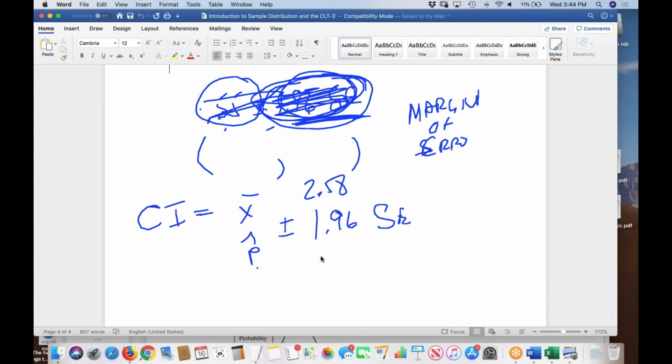And if we want to make it a 90% confidence interval, we use 1.64. And you can see that using 1.64 makes it narrower, right? But we have less confidence. And using 2.58 makes the margin of error bigger. So you're adding and subtracting more, which makes the confidence interval wider. So it gives you a higher level of confidence that you captured the true population mean.